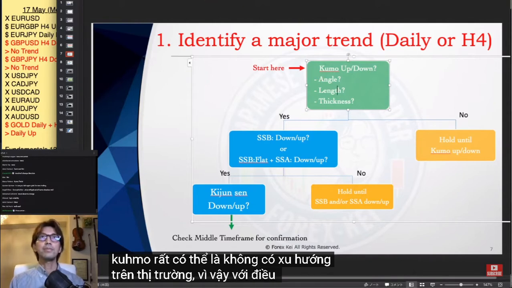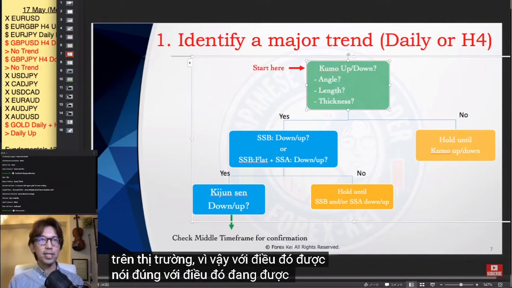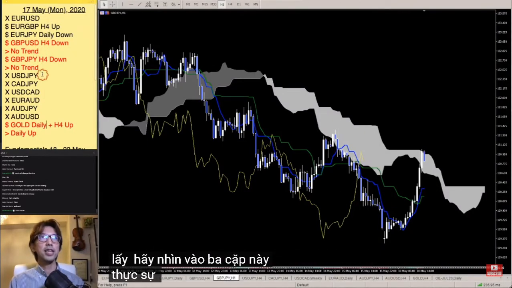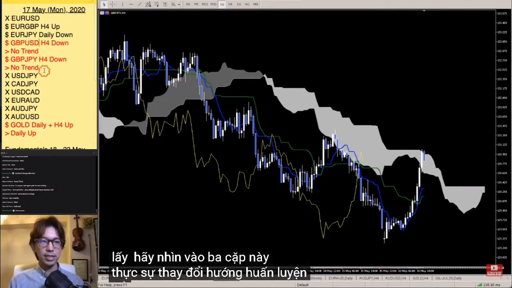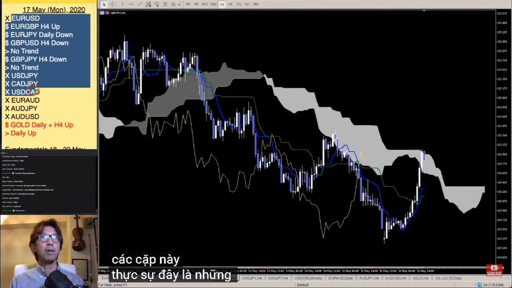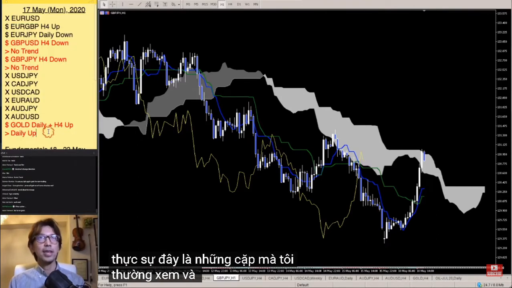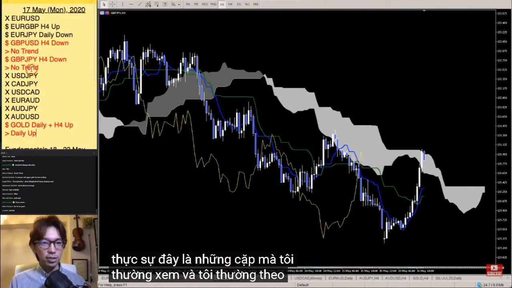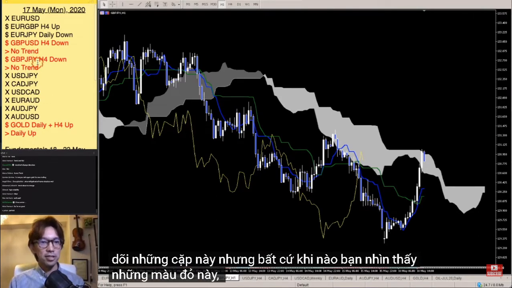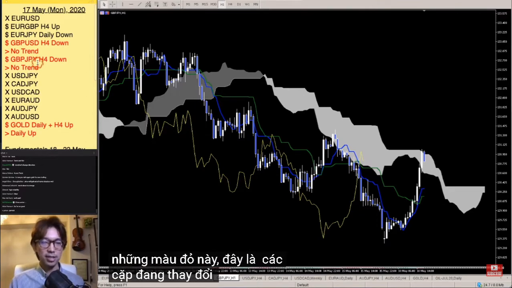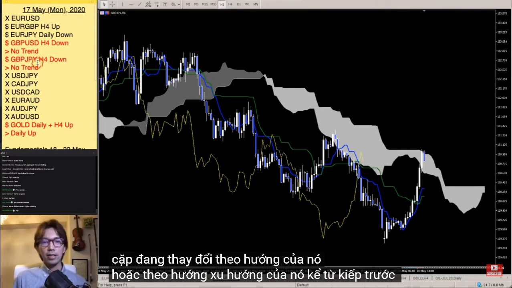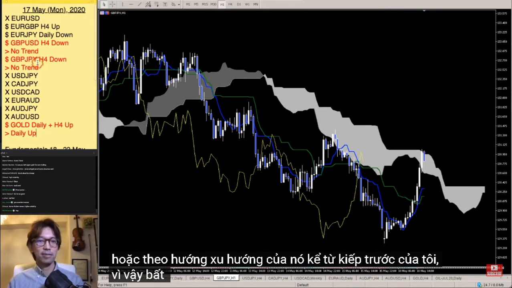All right. So with that being said, let me take a look at these three pairs that are likely changing the trend direction since yesterday. These are the pairs that I usually look at, and I usually take trades on these pairs. Whenever you see these red colors, these are the pairs that are changing in their trend direction since my previous live, right?